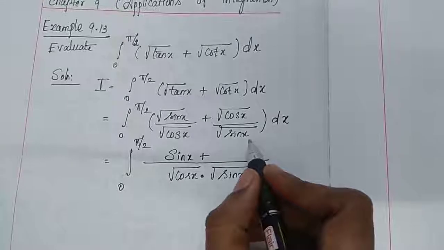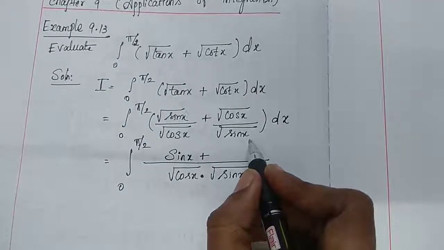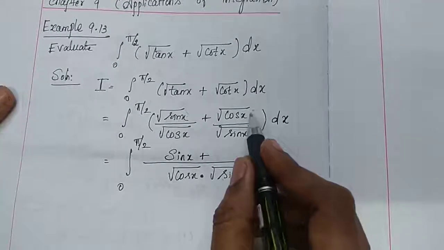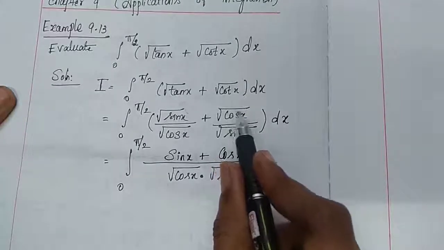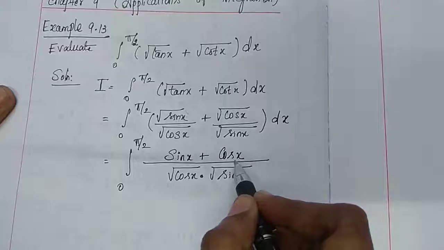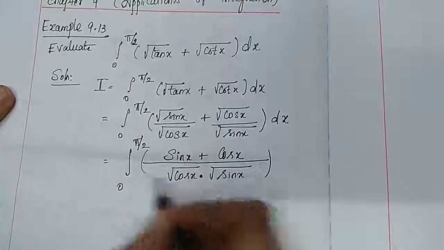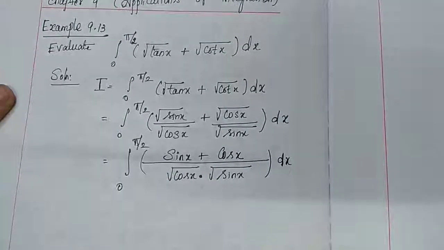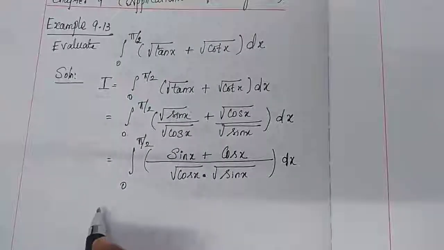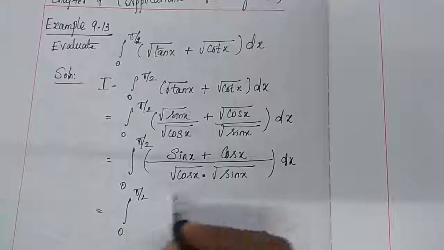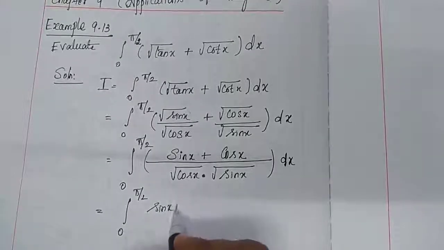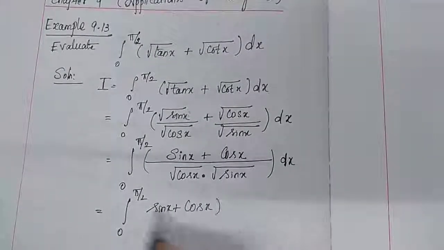Plus, here the denominator is multiplied with root cos x, so the numerator becomes cos x, because root cos x into root cos x we get cos x. Close the bracket into dx.